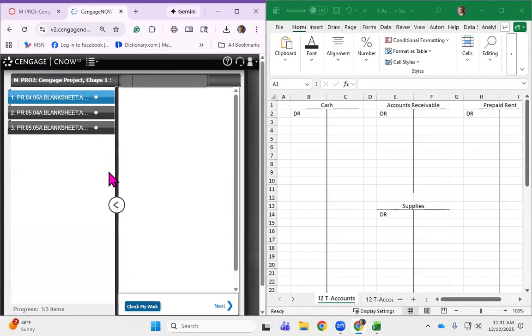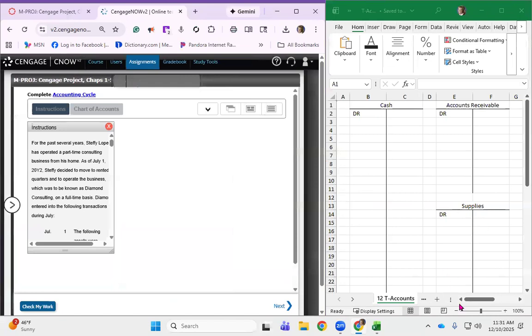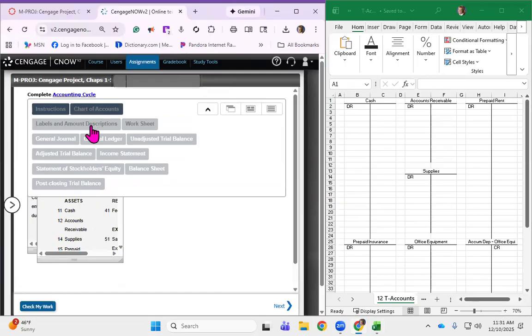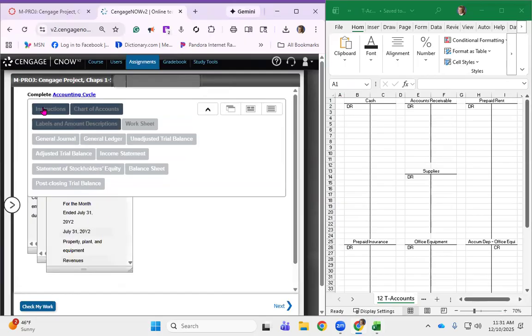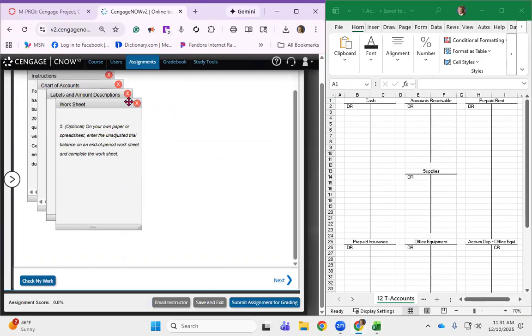I'm going to move that over, and I'm going to move this over some. Okay, so this is the T accounts, right? We've been using T accounts pretty much all semester, and I'm going to go ahead and open my instructions, chart of accounts.